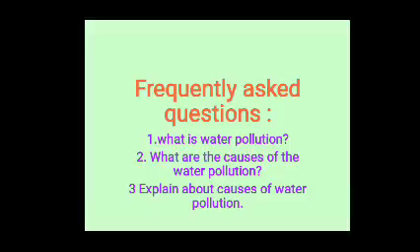The presence of unwanted substances in a water body which affects the physical, chemical and biological properties of water, and thereby decreases its use for domestic and industrial purposes, is called water pollution.